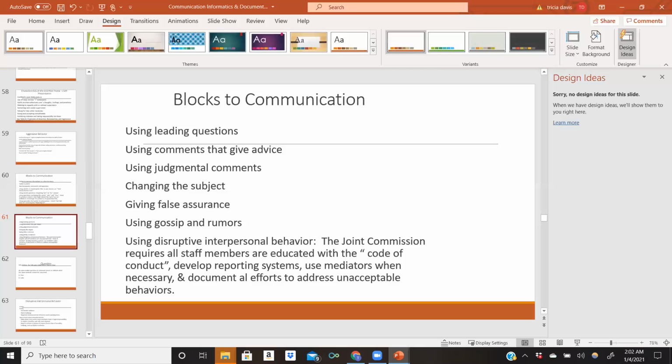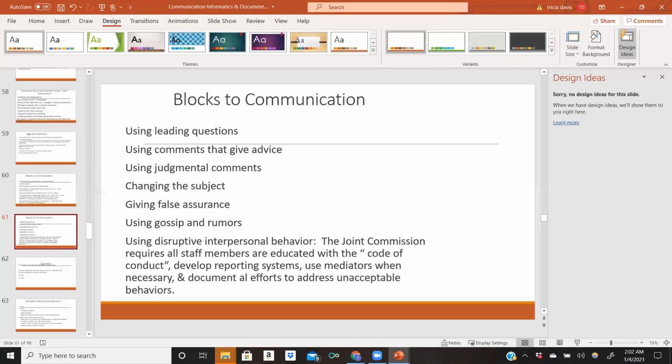So if there's disruptive behavior and you don't get along with the person who's doing PT because they said something about another coworker of yours, then that's ultimately going to have a negative effect on the patient, because you're not going to be able to work effectively with them and keep the goals of the patient in mind. So that's ultimately going to affect their care.